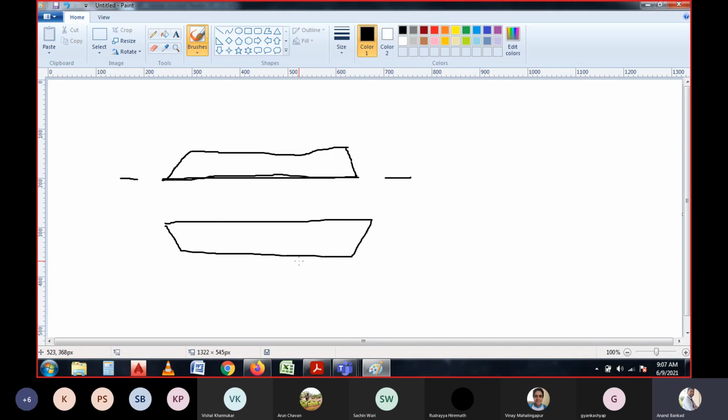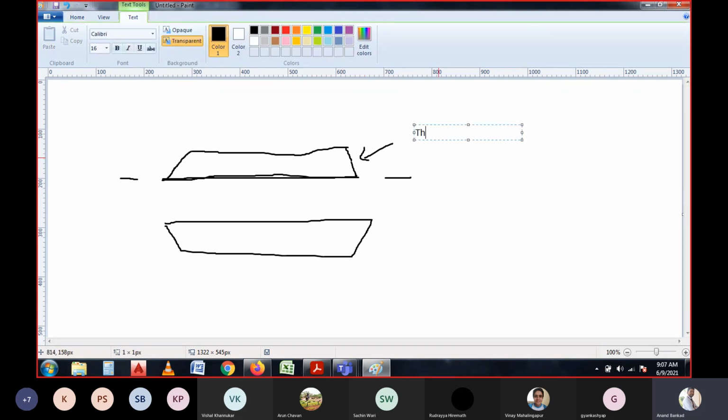So the first one, whatever is drawn here, this one, that is the through type of truss, that you can write here, through type of truss.